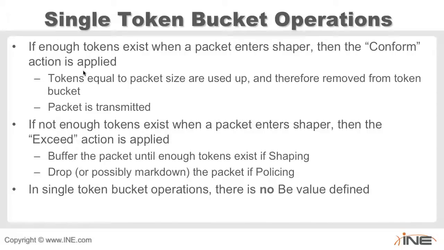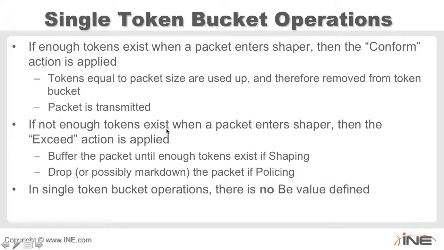If you exceed that, you've exceeded the tokens the first token bucket has. If I add a violate action, then I'm dealing with two token buckets. If you exceed the first token bucket, you can go on to a second token bucket if there is the violate command.